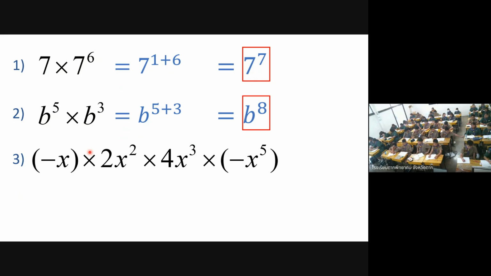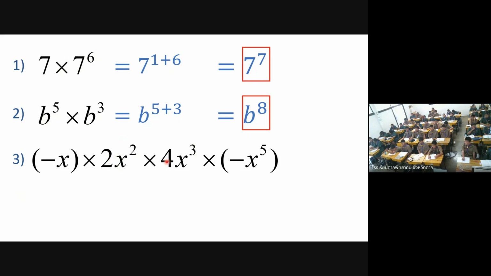Now, in this case, negative x times 2x to the power of 2 times 4x to the power of 3 times negative x to the power of 5. This is negative 1, this is also negative 1. Now let's multiply. Negative 1 times 2, negative 2.